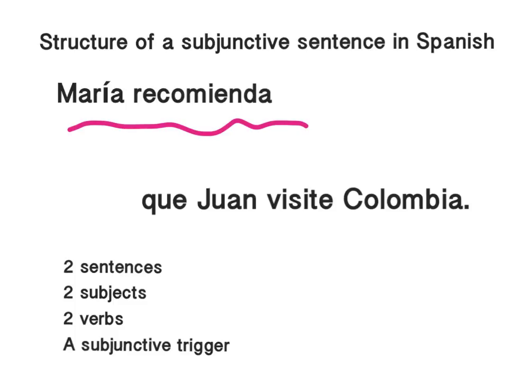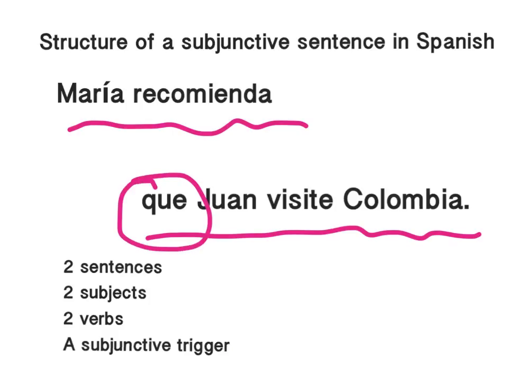And we have what we call in English the subordinate clause or the subordinate sentence, or the second sentence if you prefer. Okay, and this second sentence begins with the little particle, or the correct grammatical name is conjunction. Okay, que. Que is the conjunction that unites both sentences. María recomienda que Juan visite Colombia.